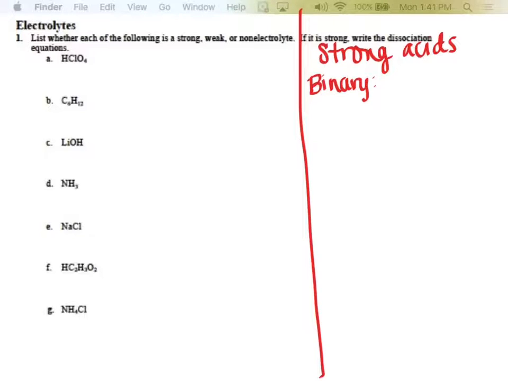So the binary strong acids are I bring clay: HI, HBr, and HCl. Your binary strong acids are just I bring clay.